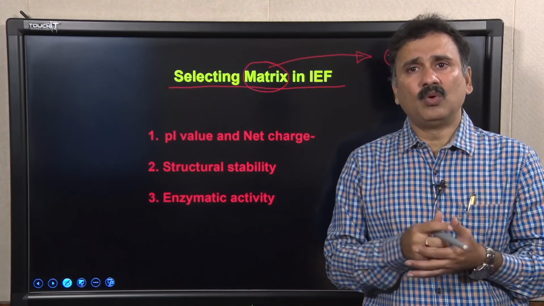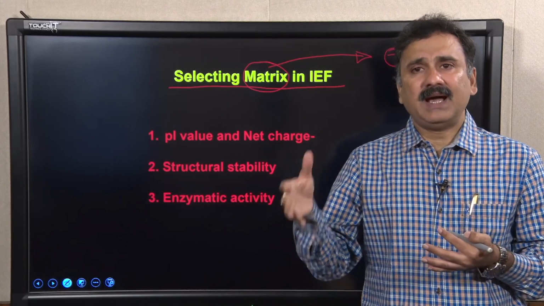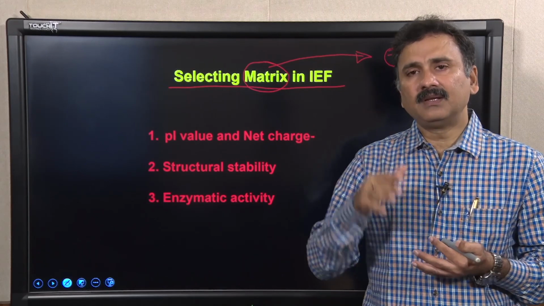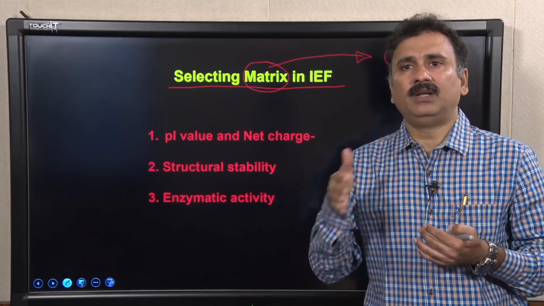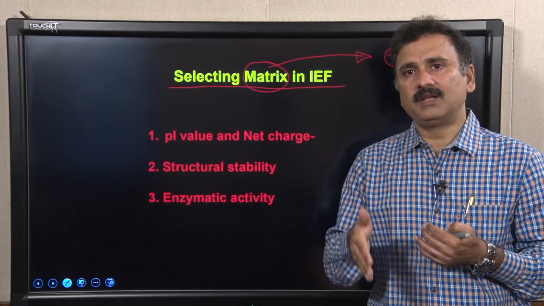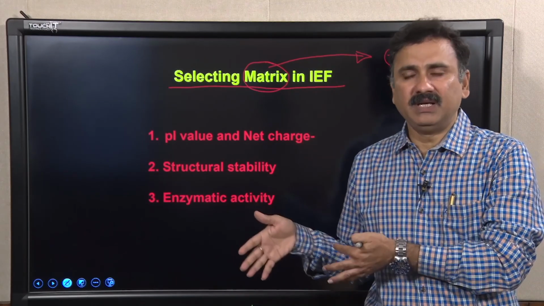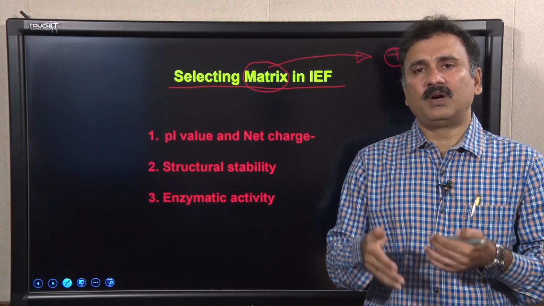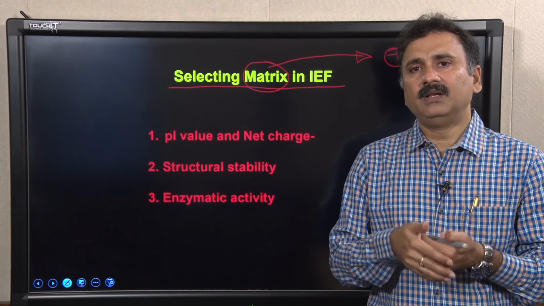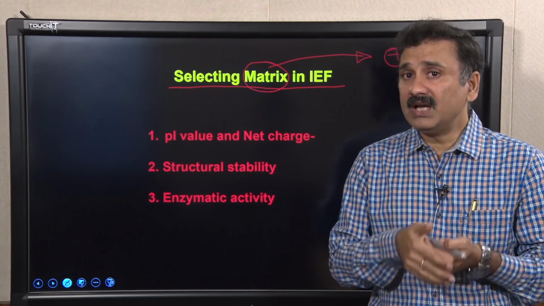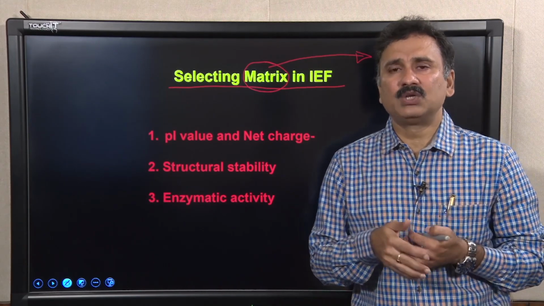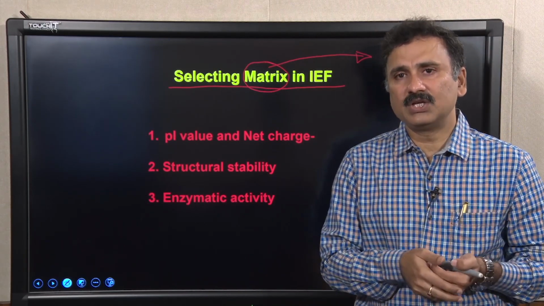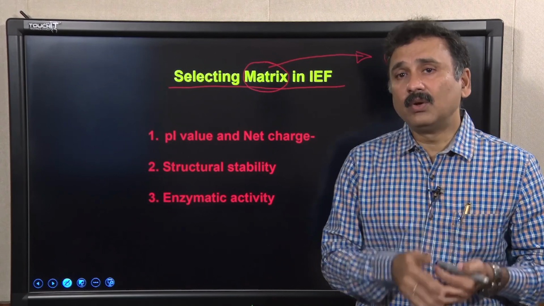So, if you take the protein to different pH, the ionization of these side chains is always changing, and as a result the effective charge on the protein always varies as you go from one pH to another pH, and because of that it is important to know whether the protein has the positive charge or the negative charge. One of the parameters which is going to decide whether the protein is going to have the positive charge or the negative charge is the isoelectric point.